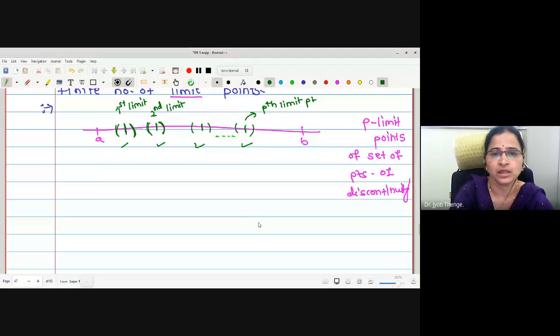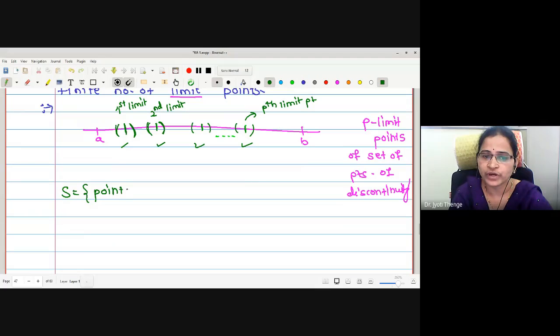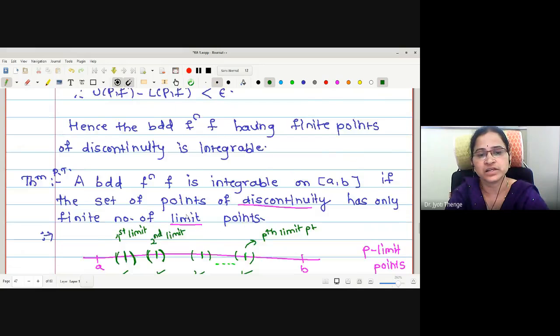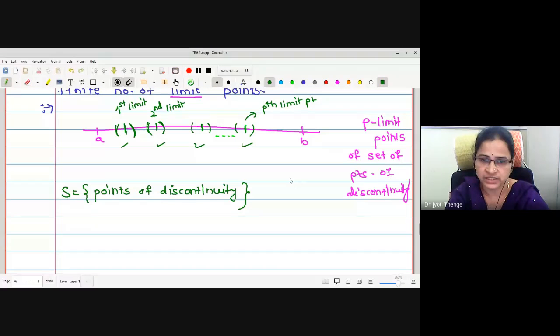Therefore, what is my set? Under consideration, the set of points of discontinuity.